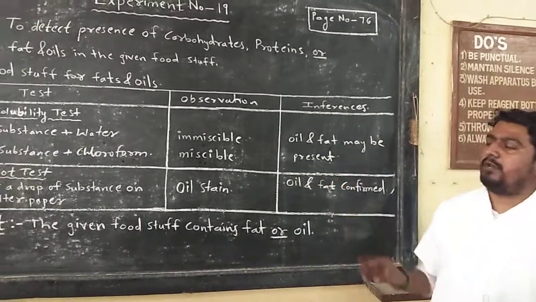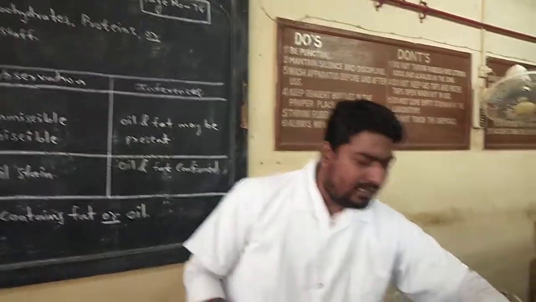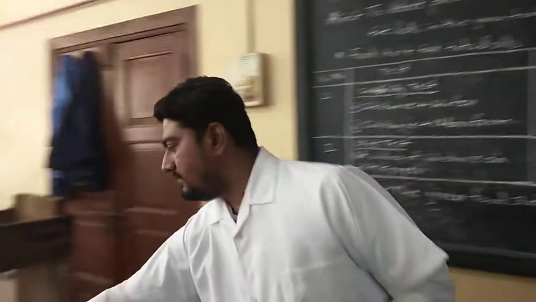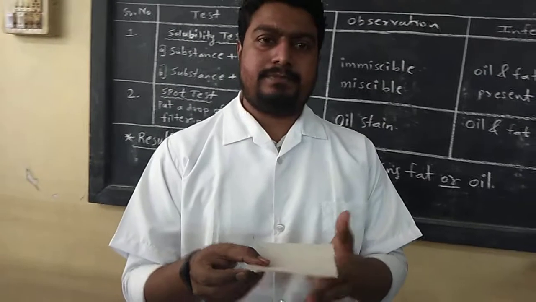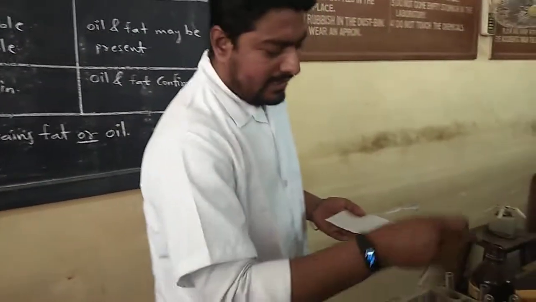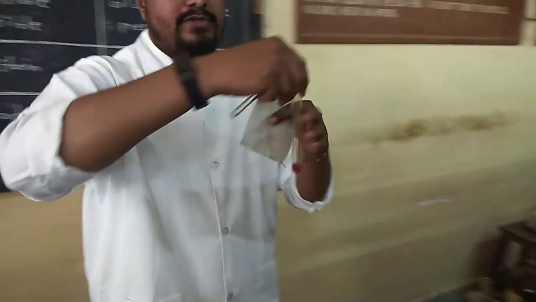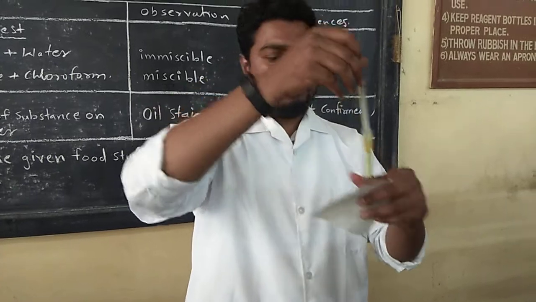So now we have to perform the spot test. Spot test is again very simple. We have to take a filter paper, and on that filter paper we have to take a drop of the sample. See, I am taking a drop of the sample.